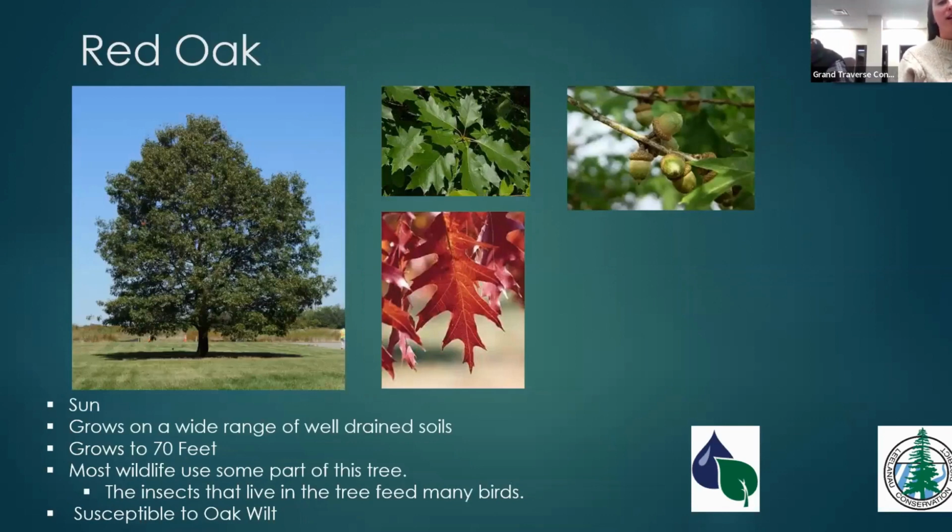All right, red oaks are a full sun species. They prefer to be in well-drained soils. Like any oak species, they support a lot of different wildlife, like birds and small mammals, and many animals eat the acorns.